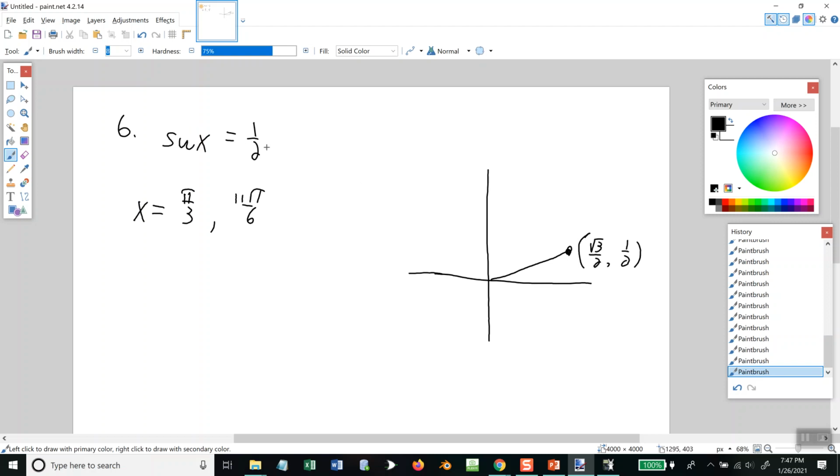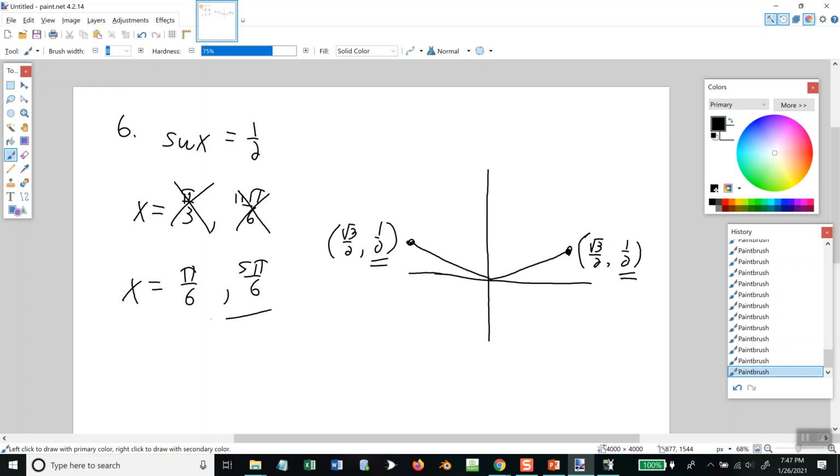We're looking where sine is equal to 1/2. What other quadrant is sine equal to 1/2 at? Yes, 5 pi over 6, because this is also square root of 3 over 2 and 1/2. So those would be your answers.